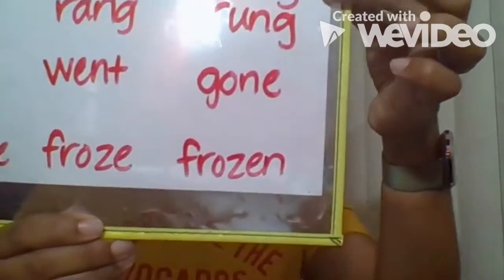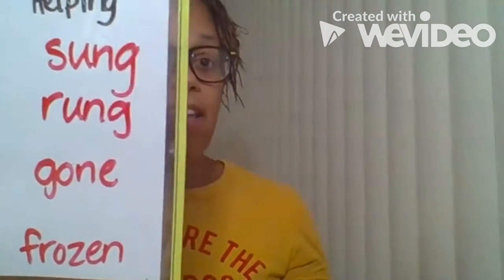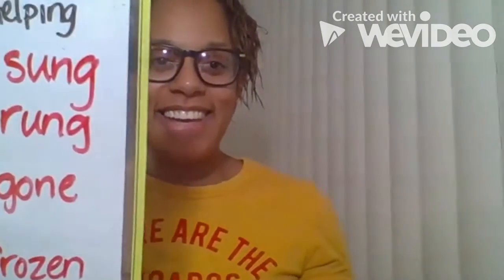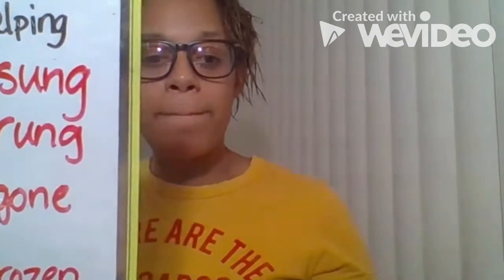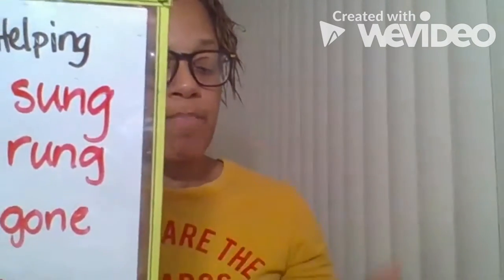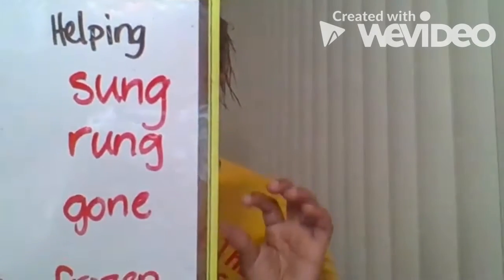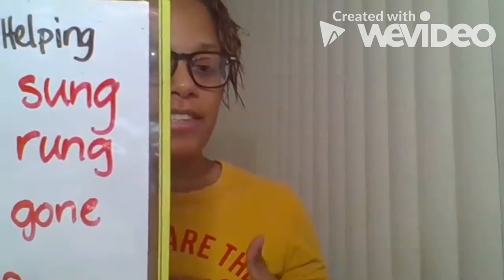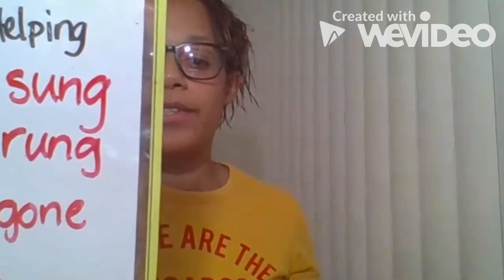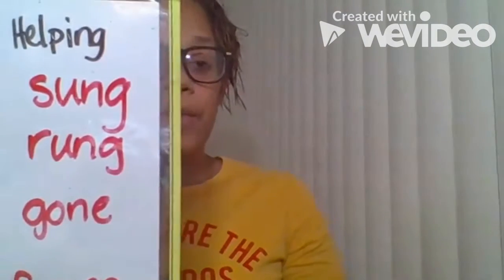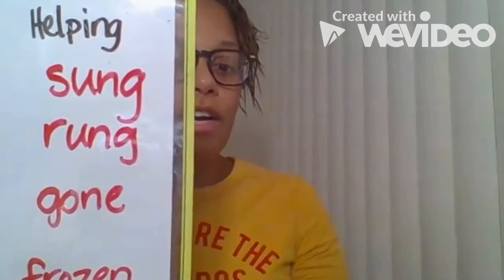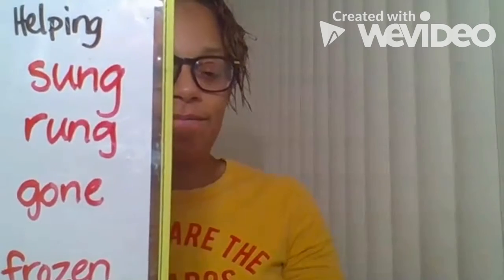Before we said Maisie sung. We can add a helping verb to make that make more sense. Maisie has sung a song in church, that makes more sense. What about the bells in the steeple have rung each Sunday?